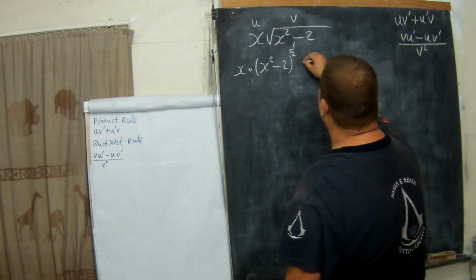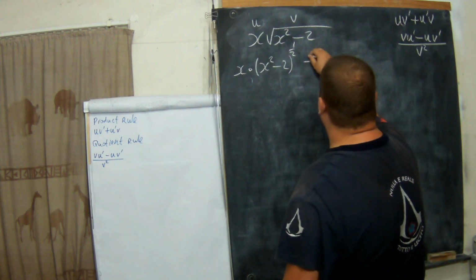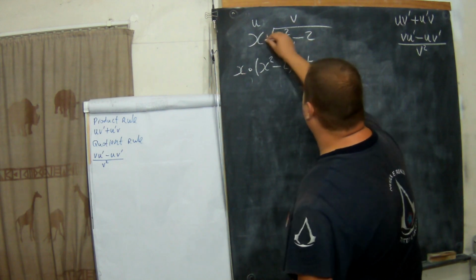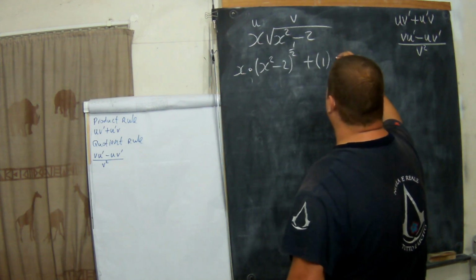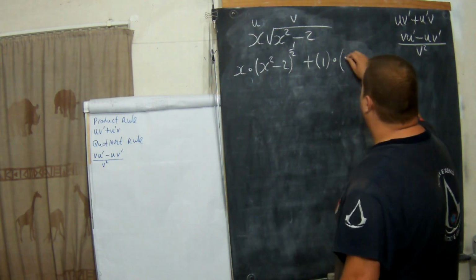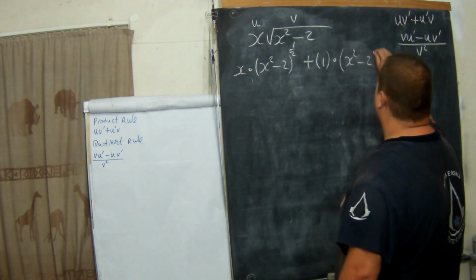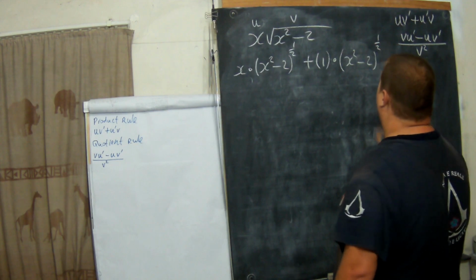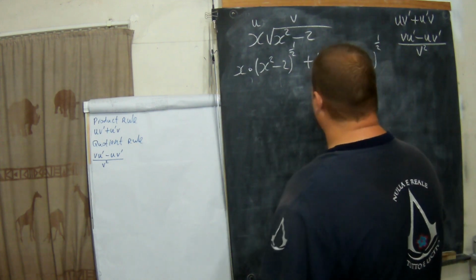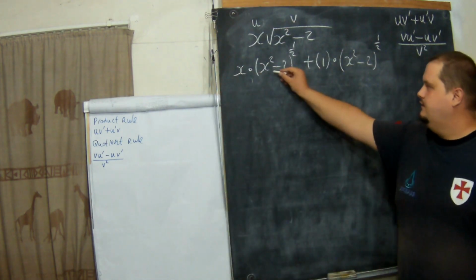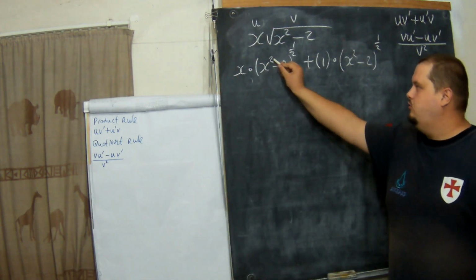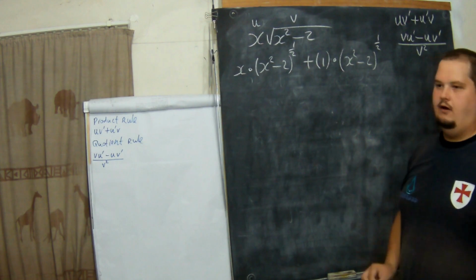Now, plus the derivative of x, which is 1, times v, which is x squared minus 2 to the power of a half. Let's take this derivative here. We're going to take the derivative of x squared minus 2 to the power of a half.